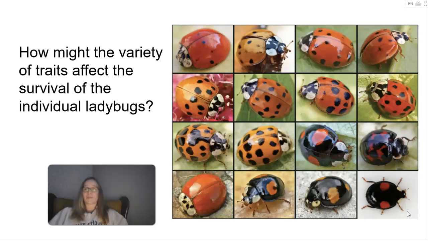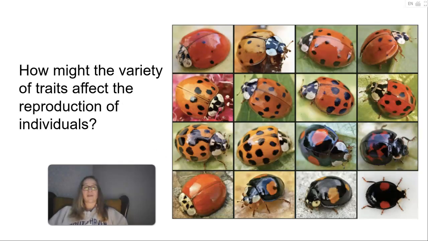The ladybugs, when they're born, are not going to have a choice to become red or orange or black. They are given what they are given through their genes. So their survival with their given phenotype is highly dependent on their environment. How many predators are there? What kind of color is the environment?